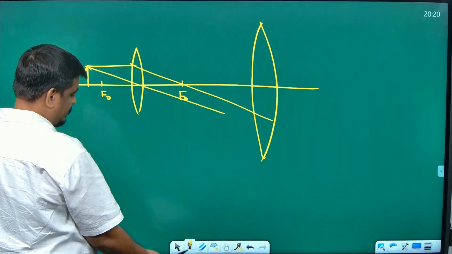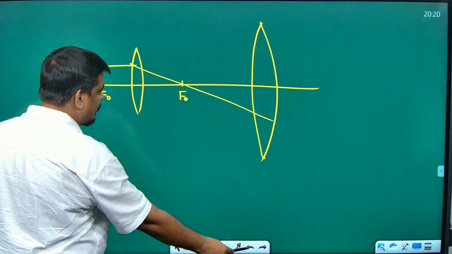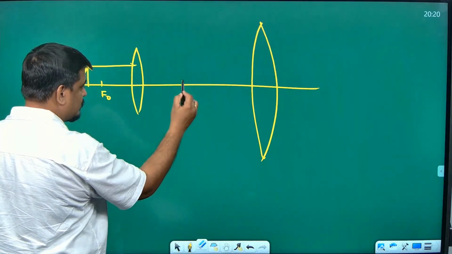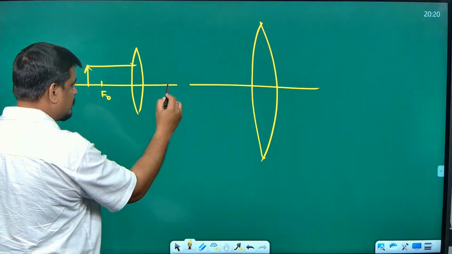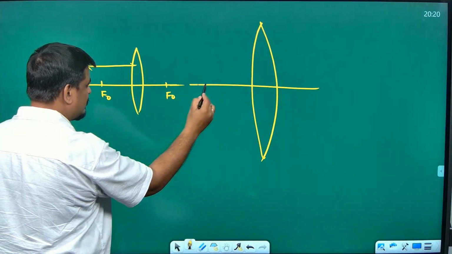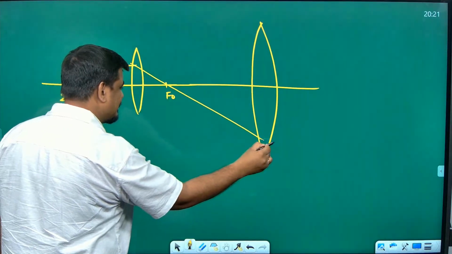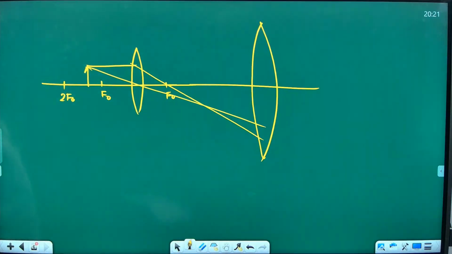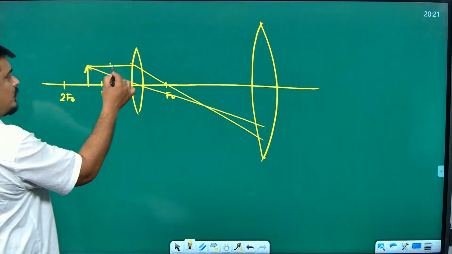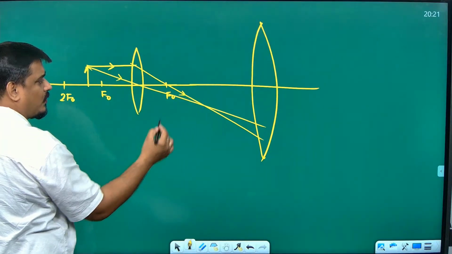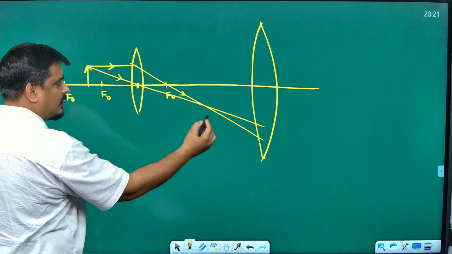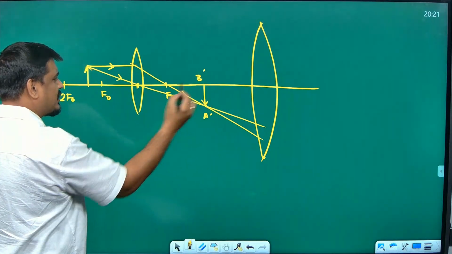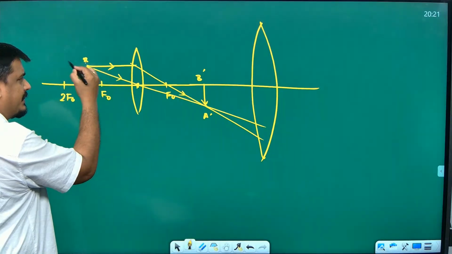Actually, I should have taken it a little nearer for a better diagram. Okay. Fine. So now it is forming here the image A dash B dash for this AB.